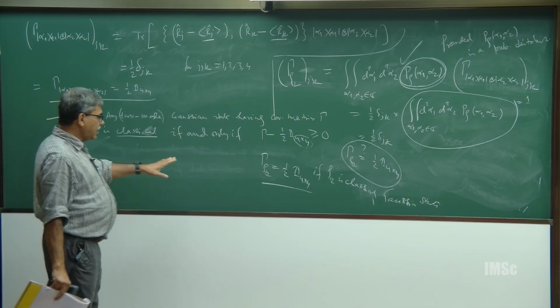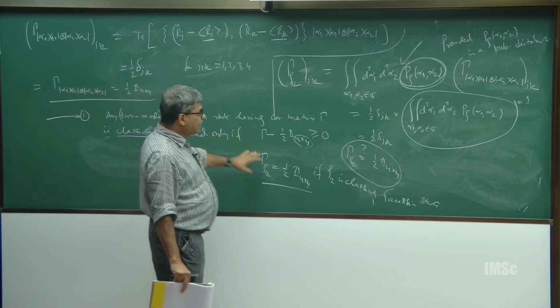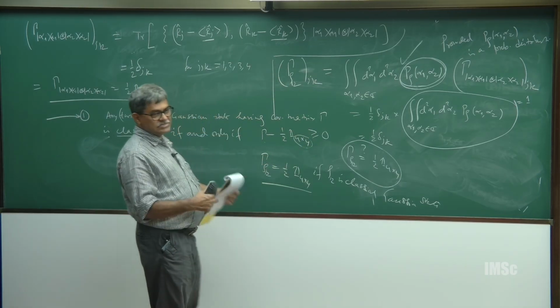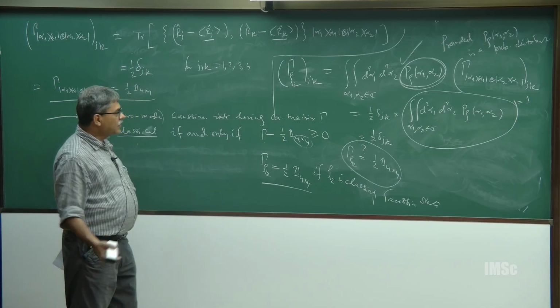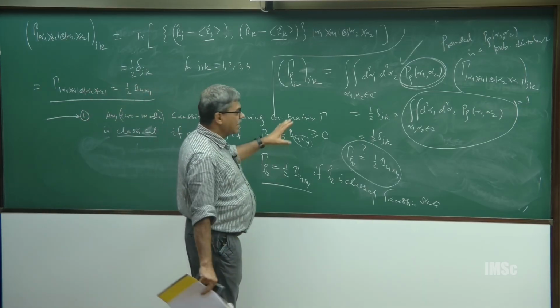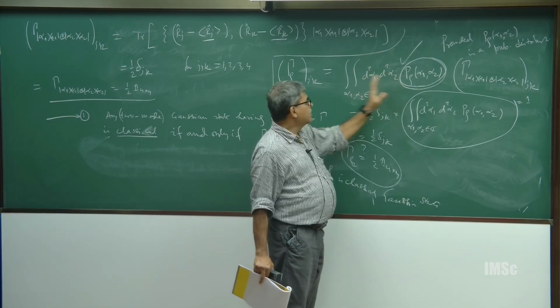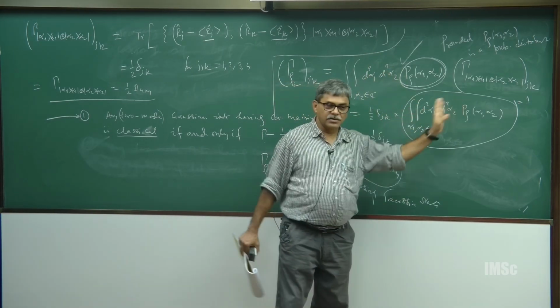But for a classical state there is no issue here, this has to be the case, because as I said for a classical state this is a valid probability distribution, and therefore you can take this inside.